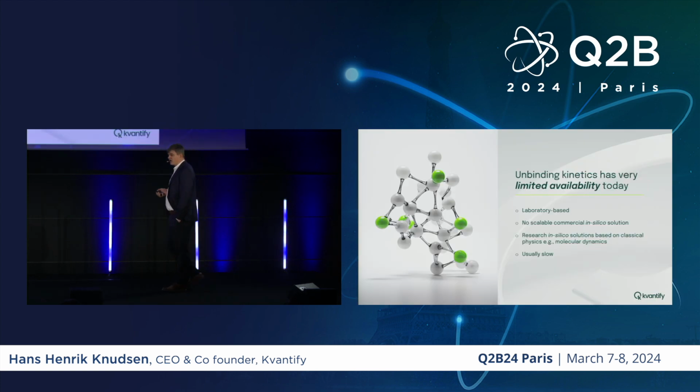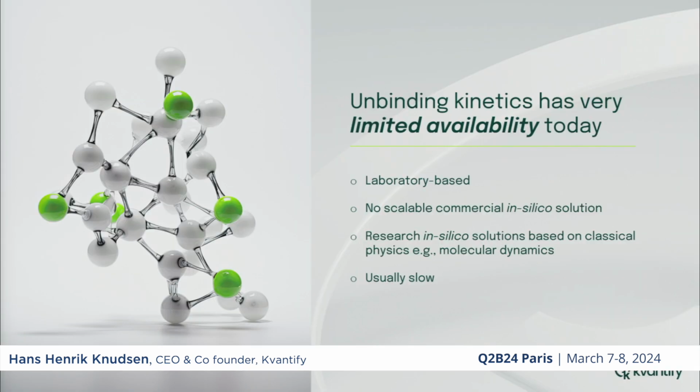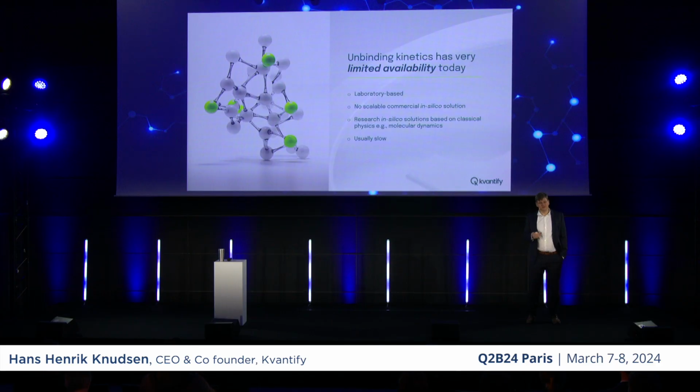Now today, unbinding kinetics has very limited availability. There's no computational solution commercially available. You do it in labs. And when you do it on a computer, it takes you a long time. Hundreds of hours of GPU time to do unbinding kinetics computationally. Well, until now.